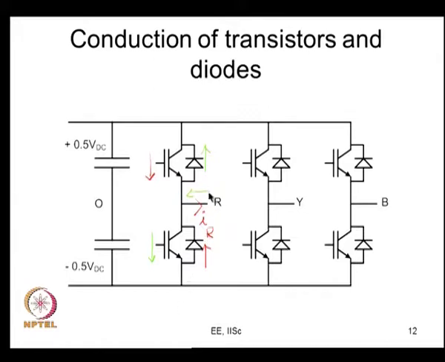Same way, if you look at the green direction of current, now if the top transistor is gated high and the bottom transistor is gated low, then this cannot conduct. So, the top diode will conduct. On the other hand, if the bottom transistor is gated low and the top transistor is gated high, then this current will flow through this diode. So, that is something first we need to know, who conducts. Only then we have to calculate, because we next need to calculate the transistor drop, the diode drop, how much is that, and so on and so forth.